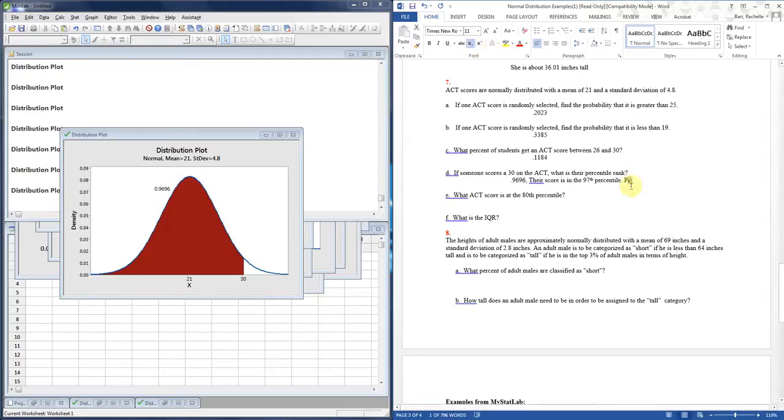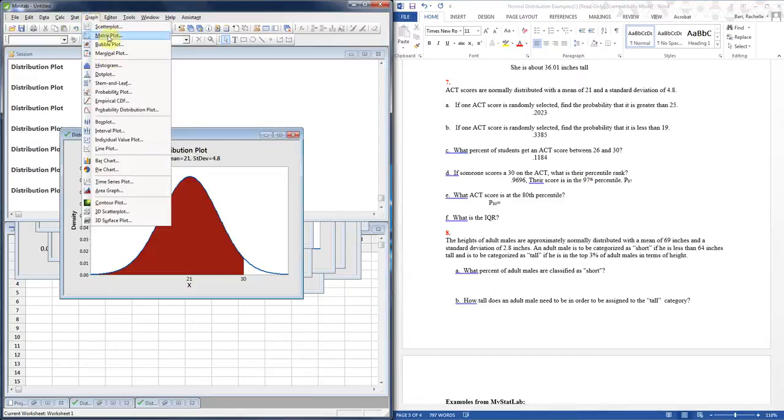Okay. So we also represent that as a capital P with a little 97 to represent the 97th percentile. So now I want to find P80. So I want to find what score is the cutoff so that 80% of all scores are below you.